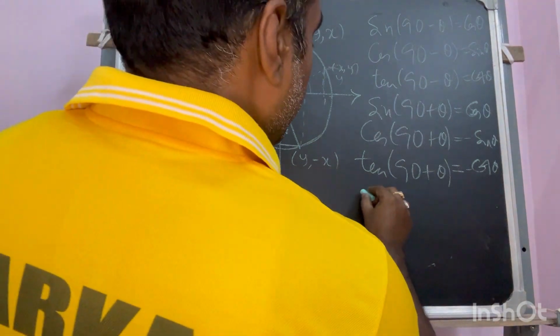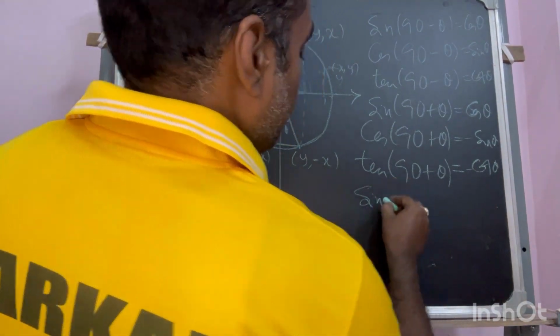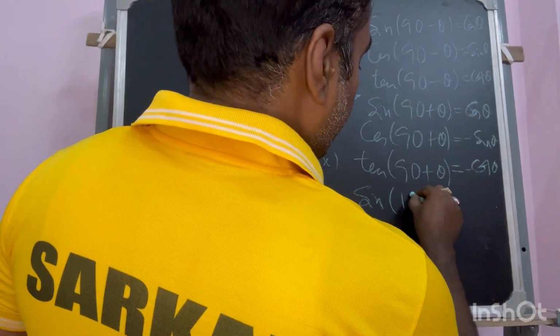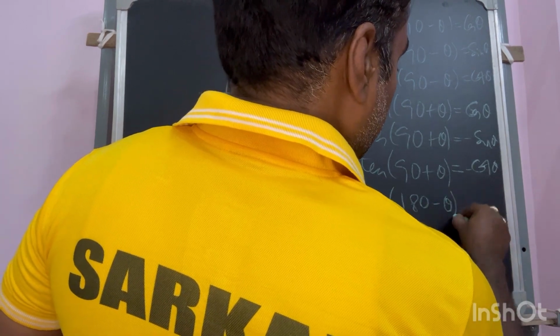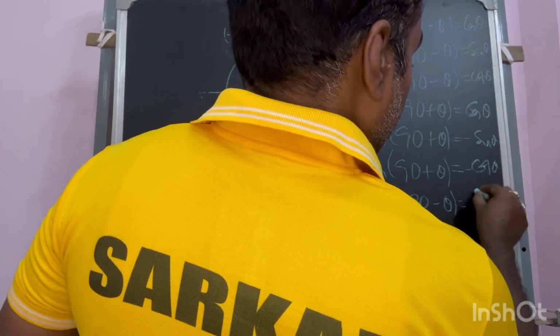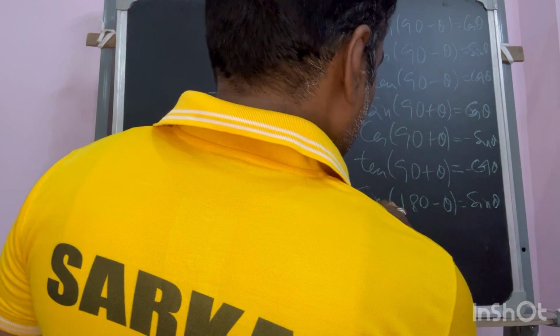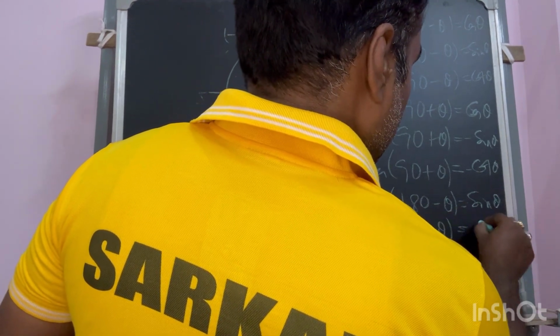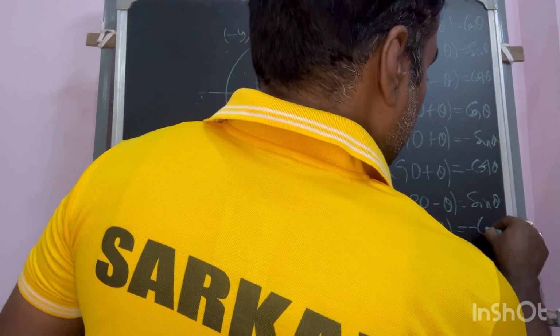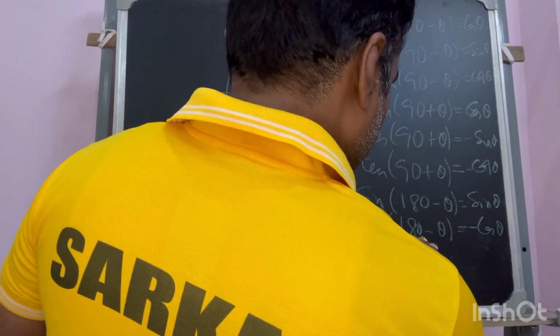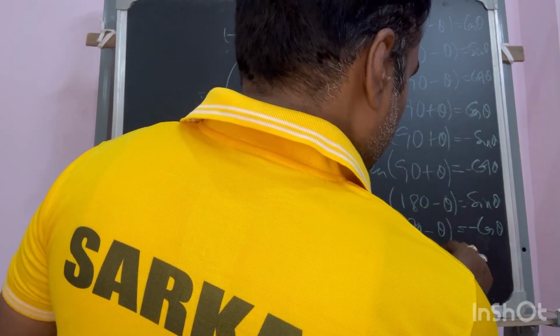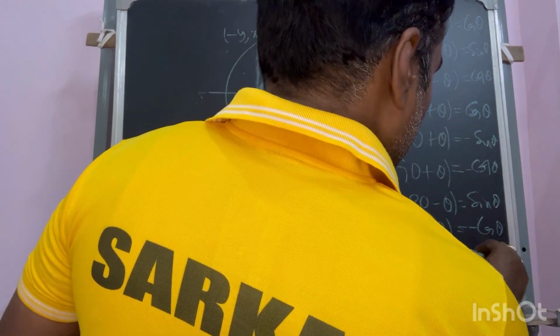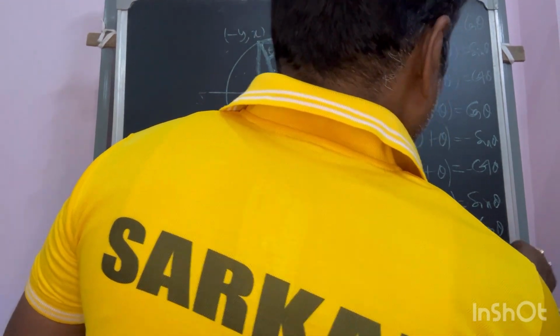Again, sin 180 minus theta is equal to sin theta. Cos 180 minus theta is equal to minus cos theta. Tan 180 degrees minus theta is equal to minus tan theta.